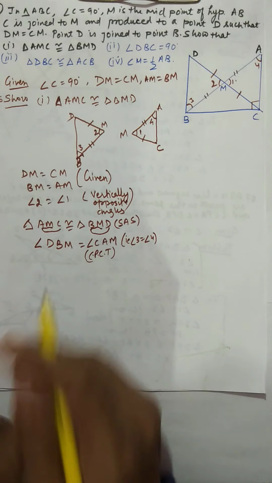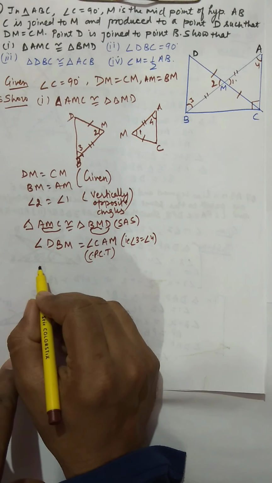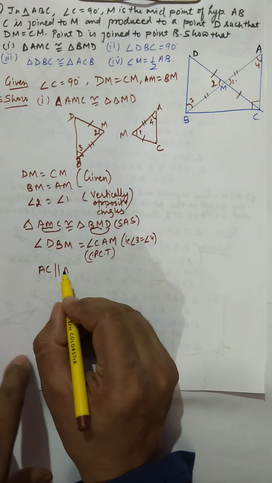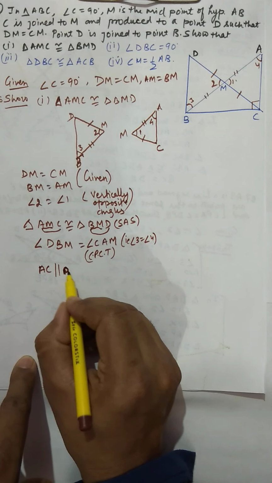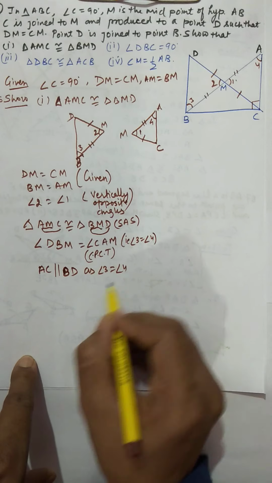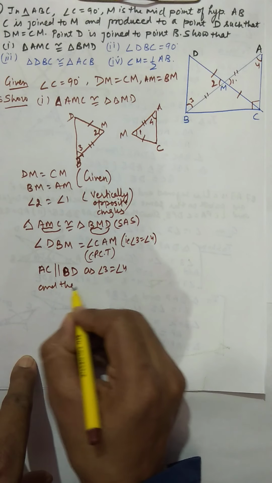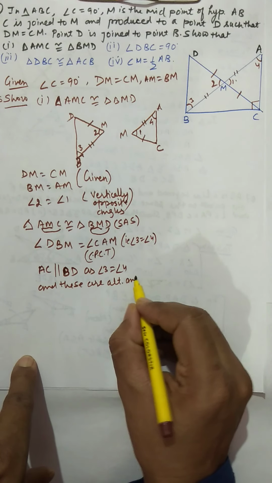So if angle 4 and angle 3 are equal, you can say AC is parallel to BD, as angle 3 is equal to angle 4. They are alternate angles.